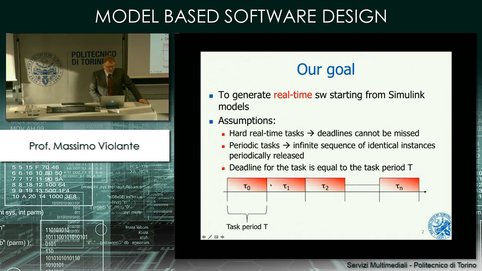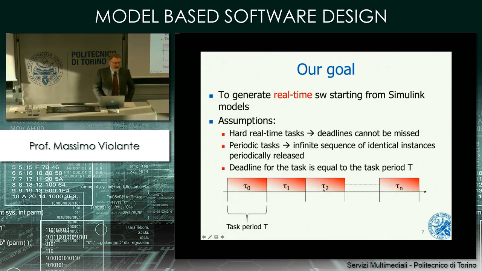Then at time t, we release a new instance of task tau. So we have tau 1. Again, the task evaluates the inputs, generates the outputs, and then at this time here, it is completed, and so a new instance of the task is released, that is tau 2, and so on and so forth. So since the beginning of the operation of your system, it will behave like this.